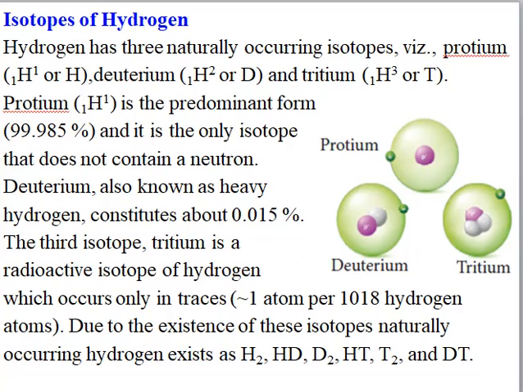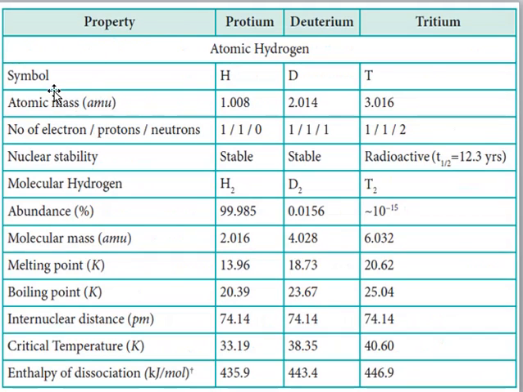Now let us see the properties of these isotopes, and how much they differ. The symbols are H for protium, D for deuterium and T for tritium. The atomic mass of protium is 1.008, deuterium 2.014 and tritium 3.016.